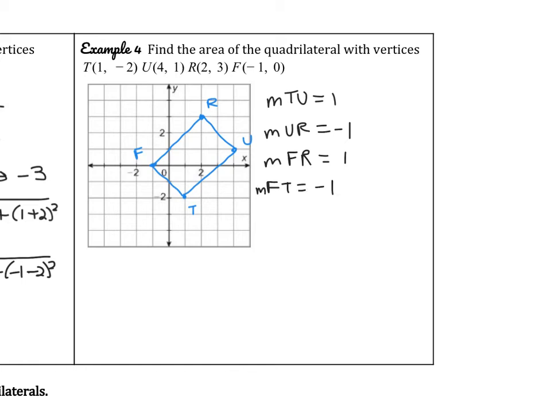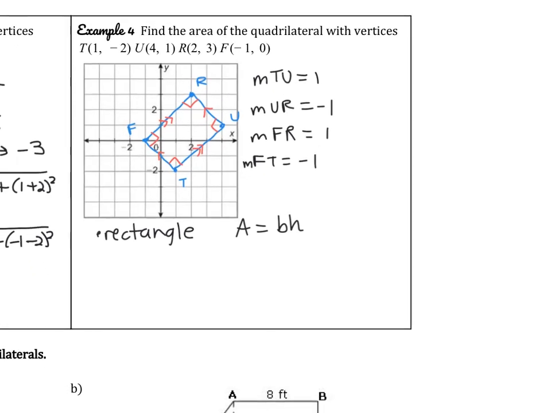This tells us a few things. It tells us that the opposite sides are parallel, meaning it's a parallelogram, but also you'll notice that the consecutive sides have opposite reciprocal slopes, which means they're perpendicular and also means that all of these angles are 90. So this is actually a rectangle. Since it's a rectangle, we just do area is base times height.